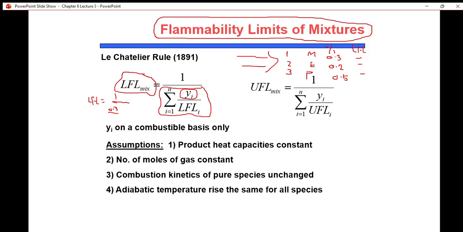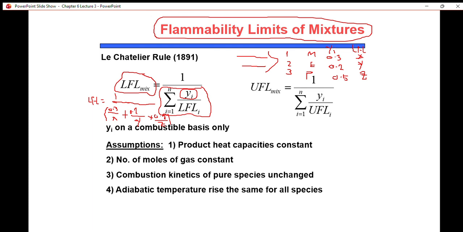Let's call this value X, plus 0.2 divided by the lower flammability limit for ethane, which I'll call Y, plus the mole fraction 0.5 divided by the lower flammability limit, let's call it Z. So I have the lower flammability limits X, Y, and Z. This way I find the lower flammability limit for this mixture.